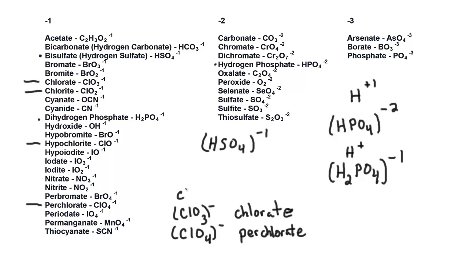What if I subtract an oxygen? If I subtract one oxygen, then I get what's called chlorite. And if I subtract another oxygen, ClO, with a negative, I get hypochlorite.